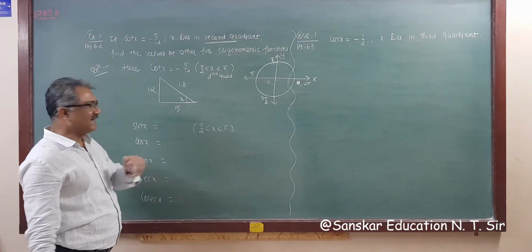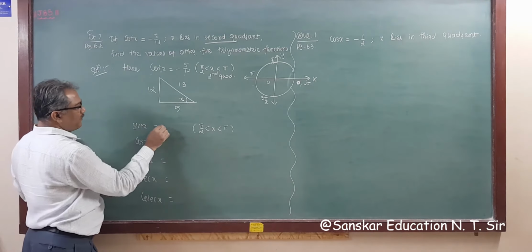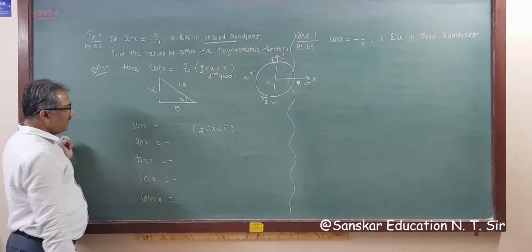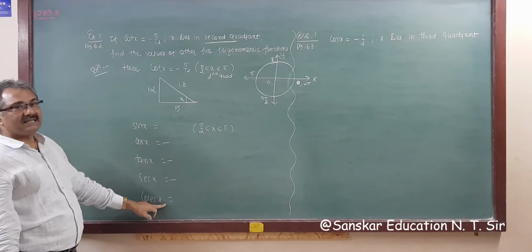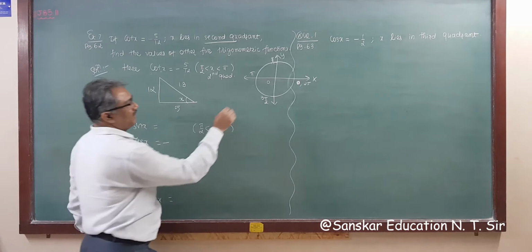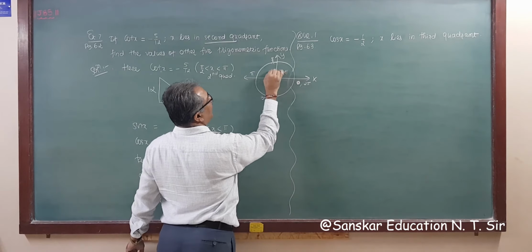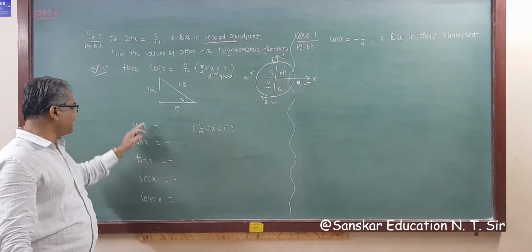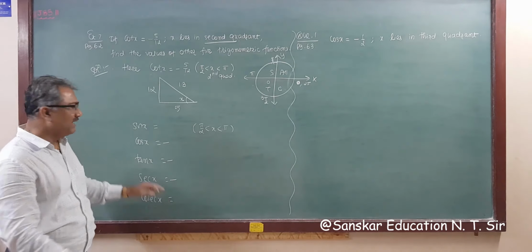In the second quadrant, sin is positive, cos negative, tan negative, sec negative, and cosec is always positive because sin and cosec go together. You know this also, all S T C: in the second quadrant, sin and its reciprocal cosec are positive, all others are negative.